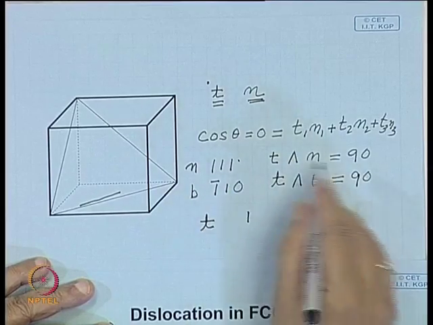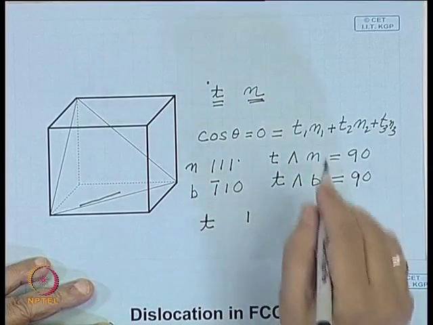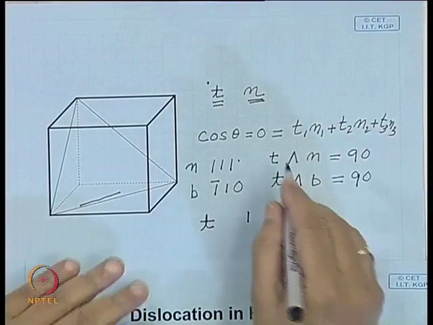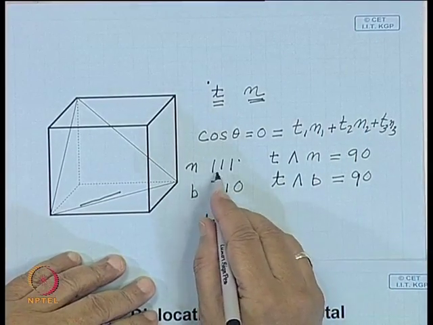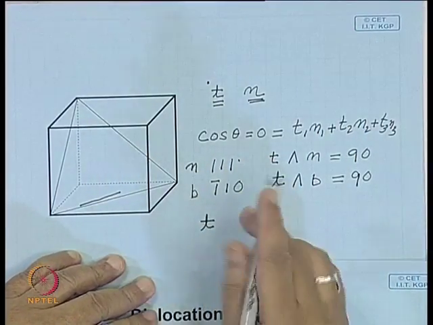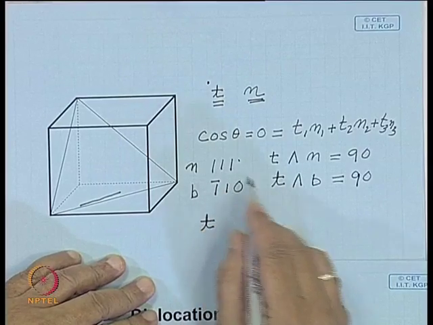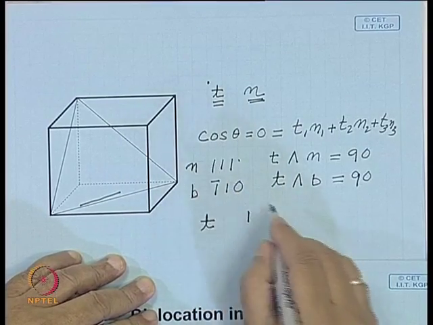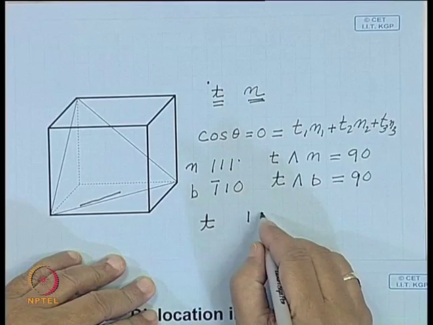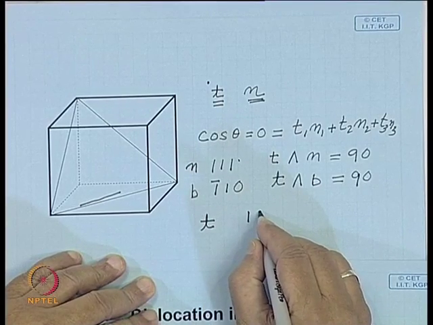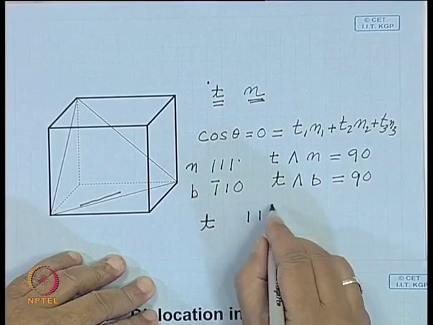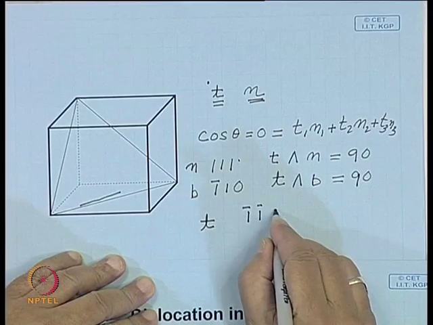You can do it easily by forming two equations. Or, if you look at the standard projection, or if you can visualize, look at this direction 1 bar 1 bar 2.